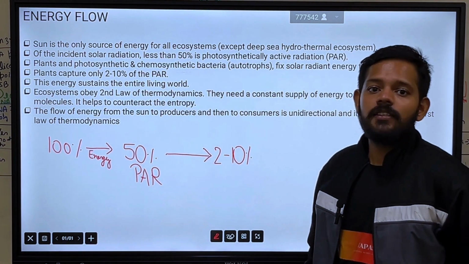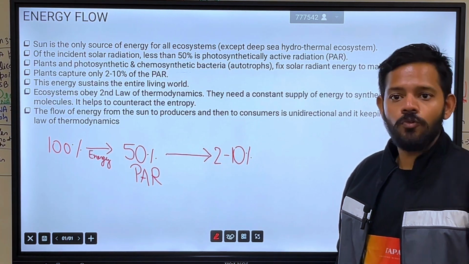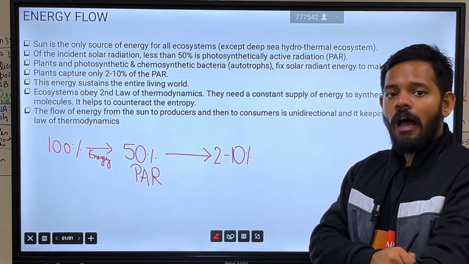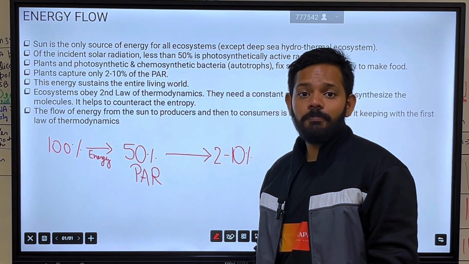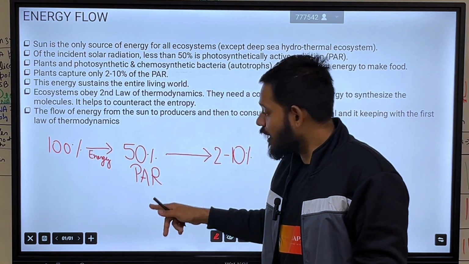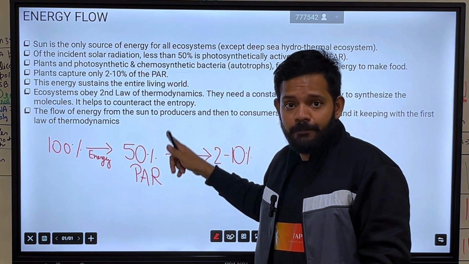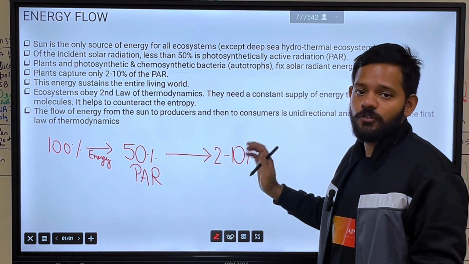Again, sun is giving 100% energy to earth, to all ecosystems. Out of that 100%, less than 50% is PAR. Now out of that 50%, plants only take 2 to 10% for photosynthesis.